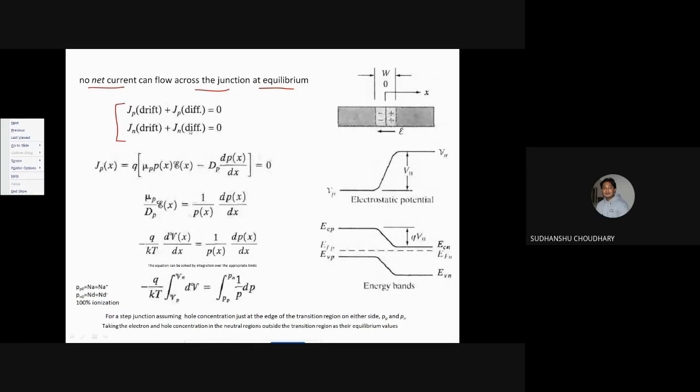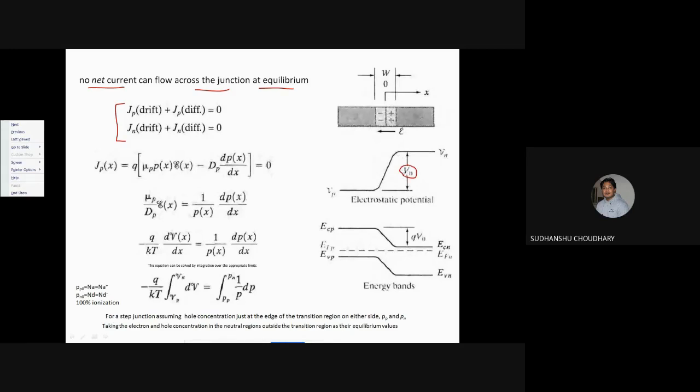Now our next job is to find out this built-in potential. Since we understood that built-in potential is formed, electric field is also developed across the junction. Now we are interested to find out the magnitude of this electric field and also the electrostatic potential, or the built-in potential, which is developed across the junction.